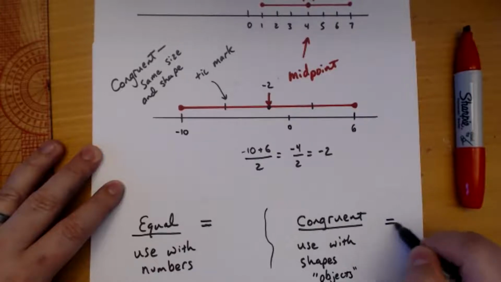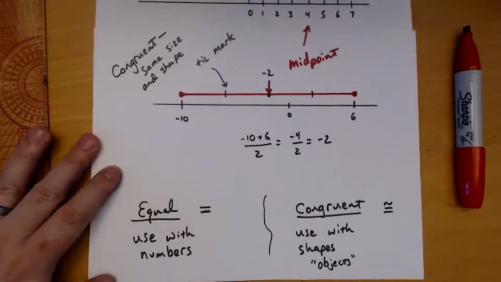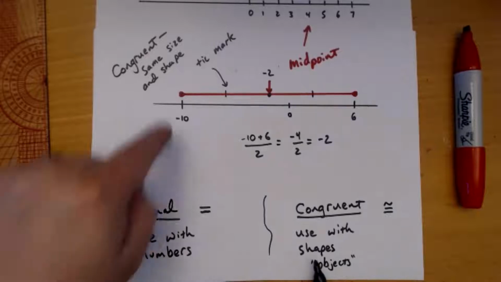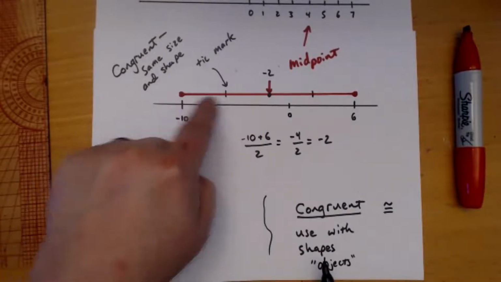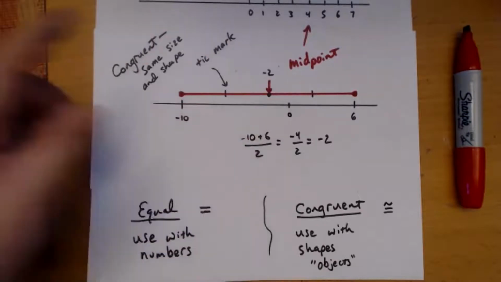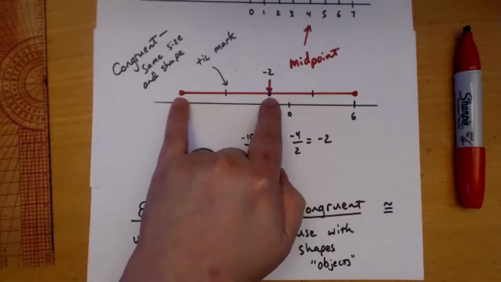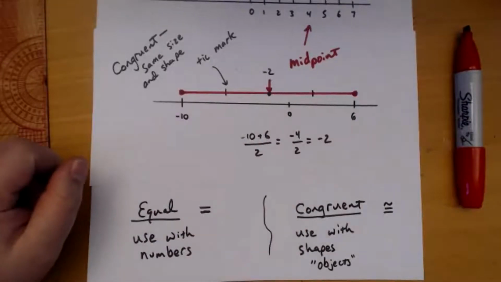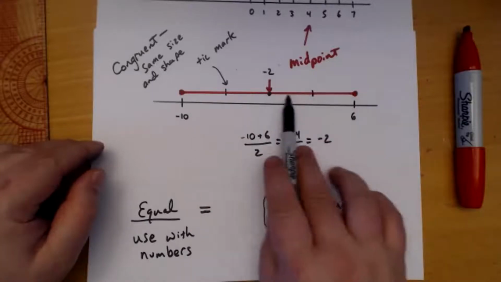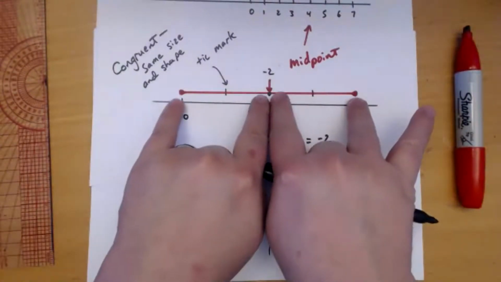It's an equal sign, but it's got that little squiggly line over top of it. This segment from here to there is an object. It's a thing, it's not a number. It's a piece of a line segment, and it is the same as this length. They are the same objects, just two of the same kind.